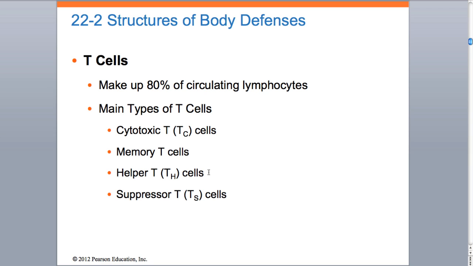That means if you have AIDS, HIV, and you have a depressed amount of helper T cells, what happens to your overall immune system, since these play the main role of joining levels 1, 2, 3, and 4 together to fight the infection? You can't. So if you have a sudden drop in helper T cells, your overall immune system is starting to fail. Okay, suppressor T cells, not much to say there.